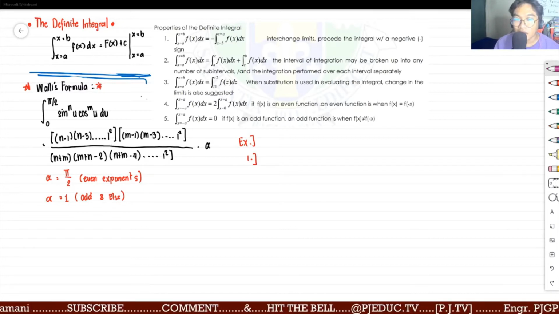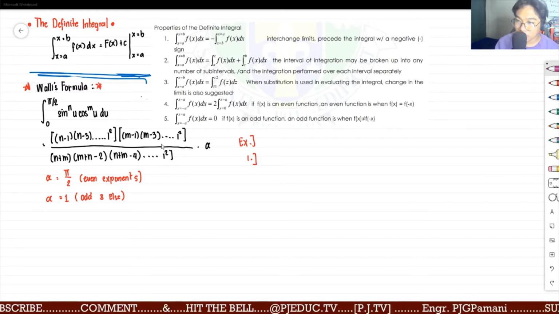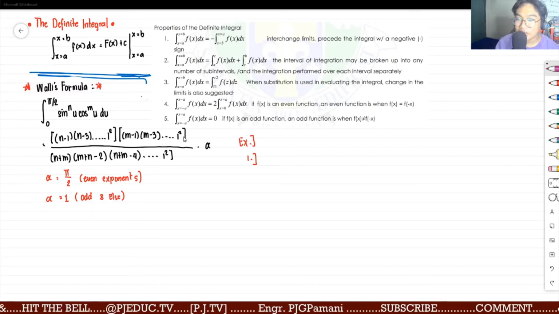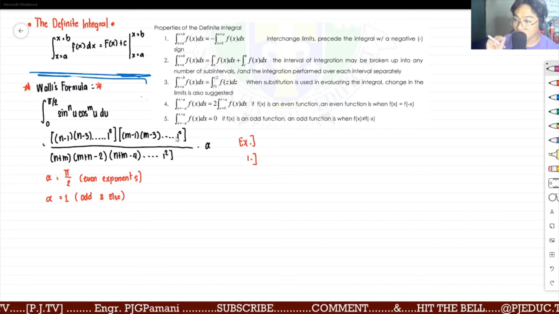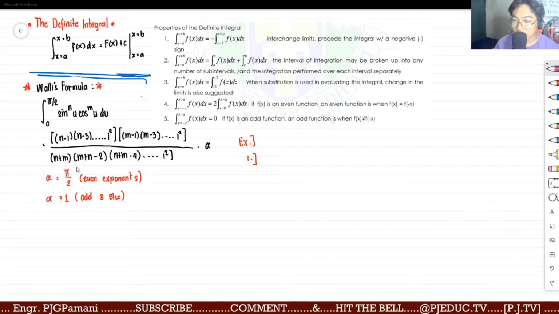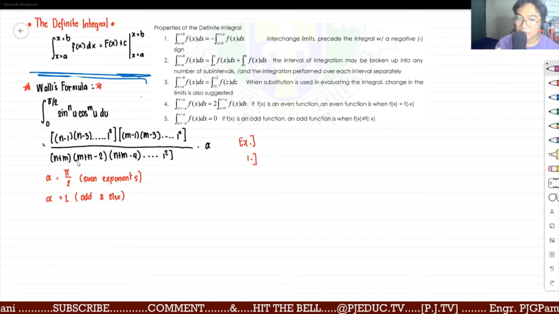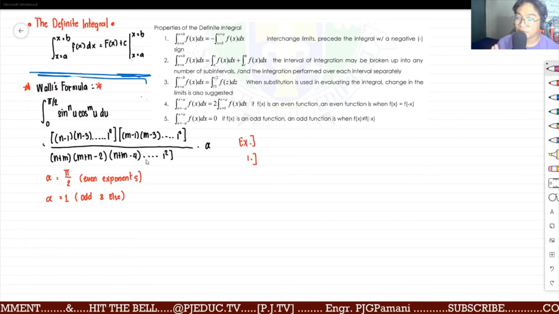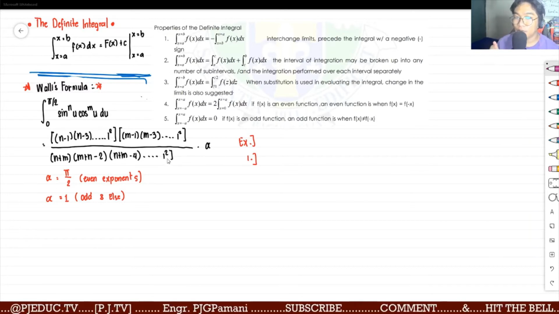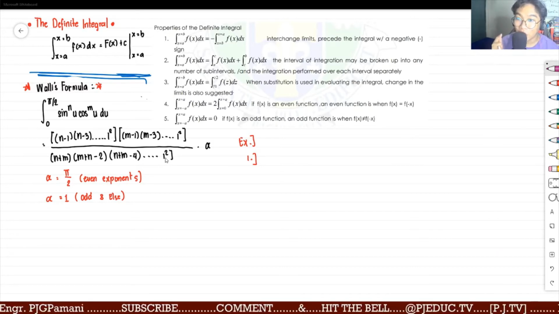Then, multiply that to m minus 1 times m minus 3 hanggang ang difference nila is 1, as long na hindi naging negative or 0 yung difference. Then, sa baba, n plus m times n plus m minus 2, then minus 4, and so forth, hanggang ang difference of the sum of the exponent is equal to 1 or not less than 1.